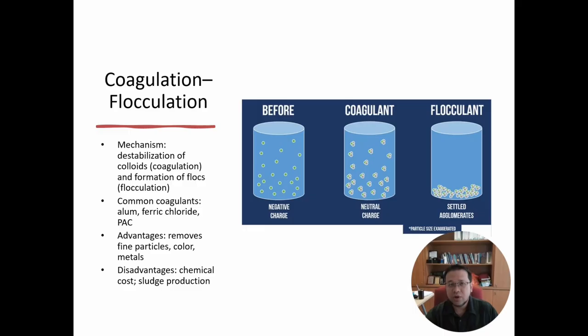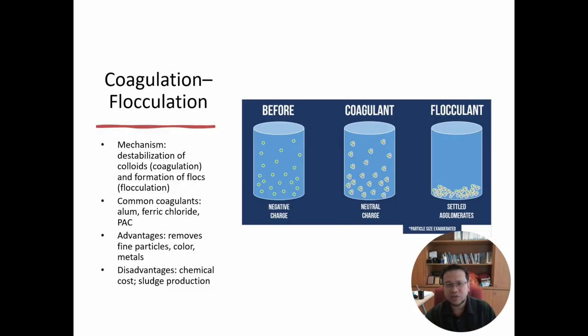This is one of the most important physicochemical processes. Coagulation neutralizes the electrical charges that keep colloidal particles stable in water. Chemicals known as coagulants, such as alum, ferric chloride, or polyaluminum chloride, destabilize these particles.